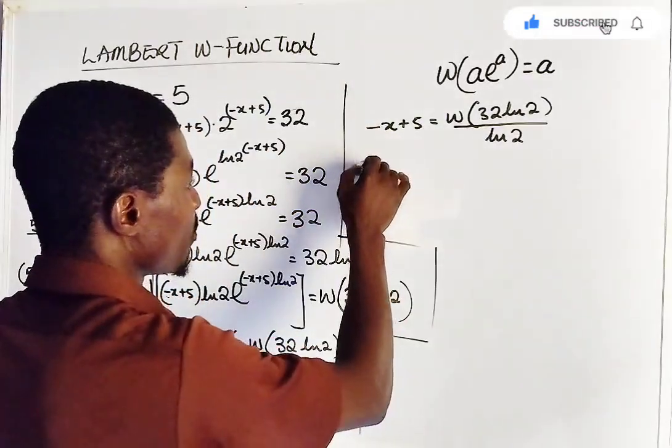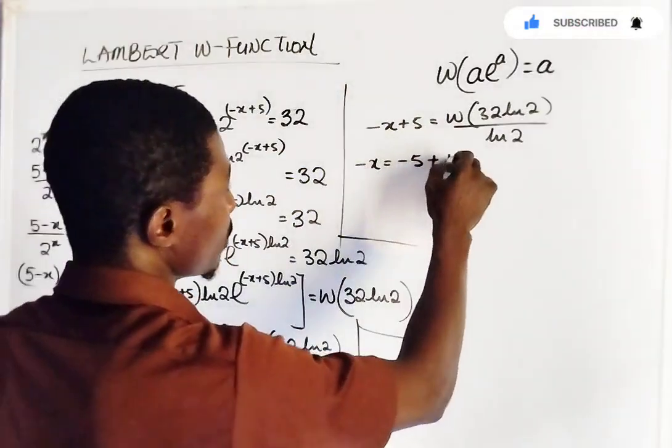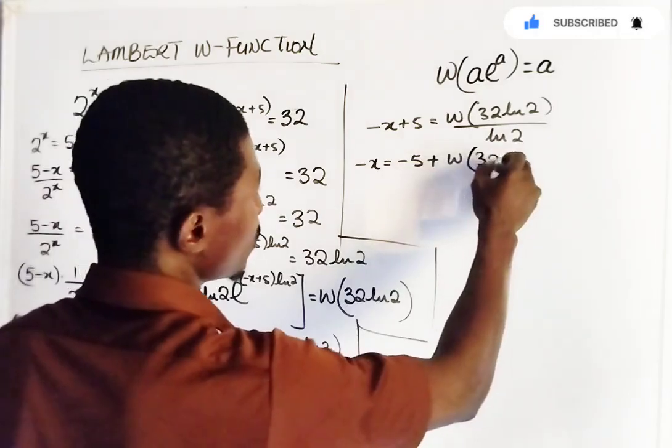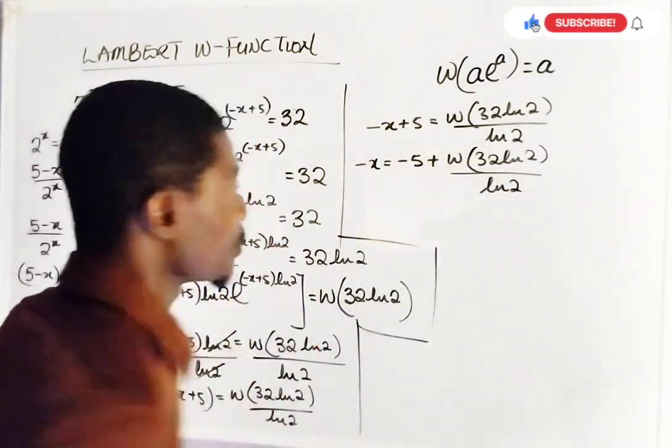Here we have minus x equals minus 5 plus W of 32 ln 2 all over ln 2.